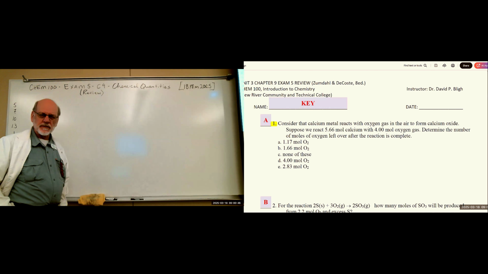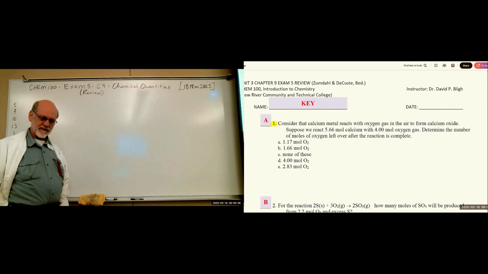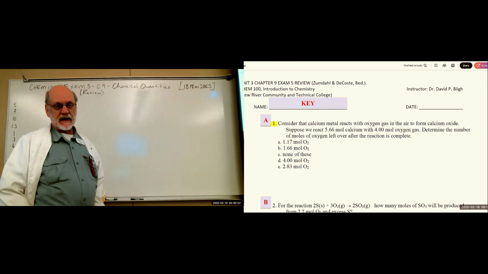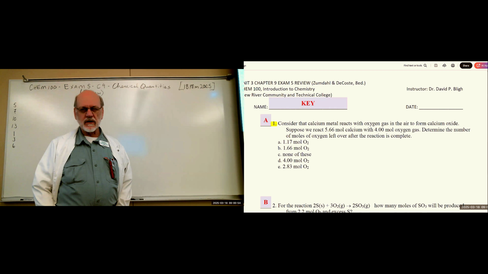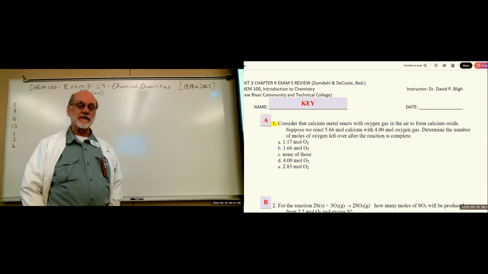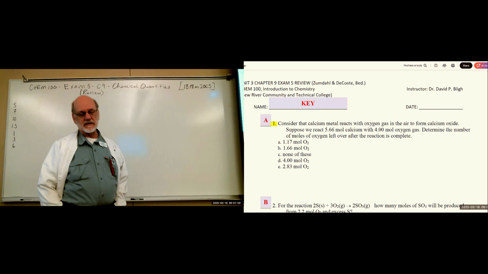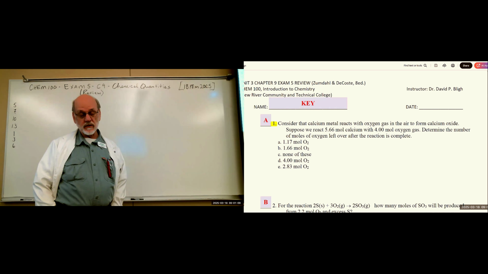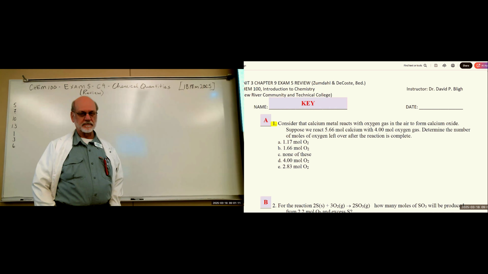We're going to do a review today for exam 5 on chapter 9, chemical quantities. And chances are very good that we'll finish it today, which means in the schedule, today is listed as a buffer. And next Thursday was supposed to be the review day. But since we're ready to do the review now, the sooner the better.